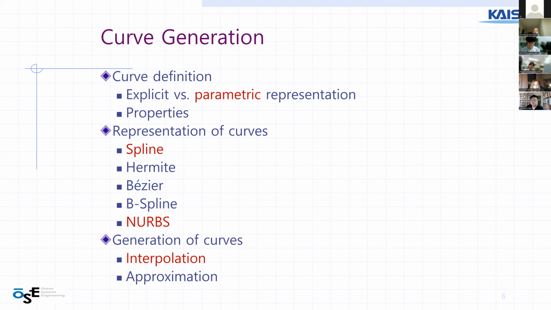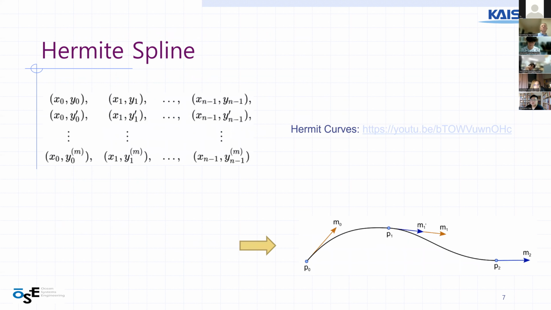It uses the B-spline, but it connects some non-uniform surfaces for the hull. And to generate the curves, basically it uses the interpolation method to draw the smooth curves, or you can also use the approximation method.